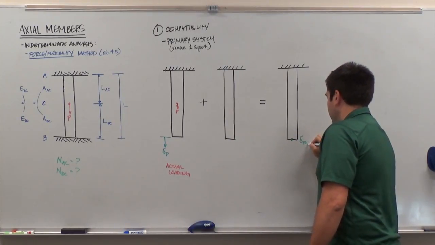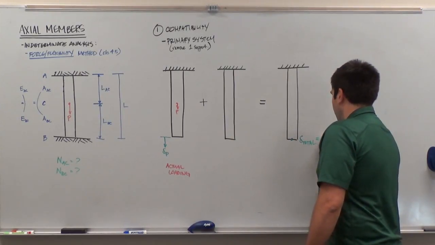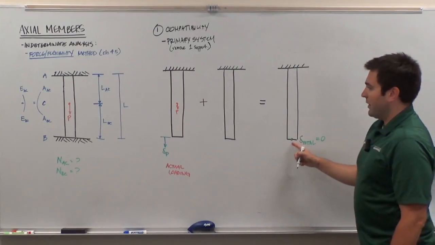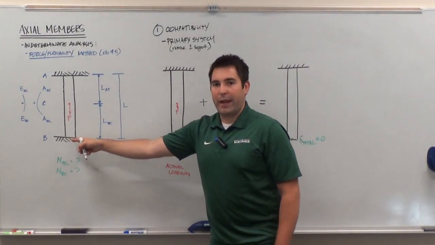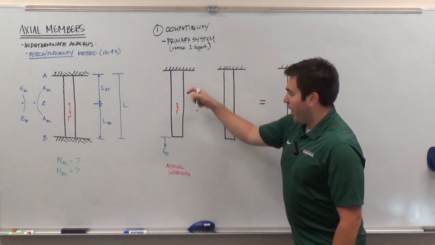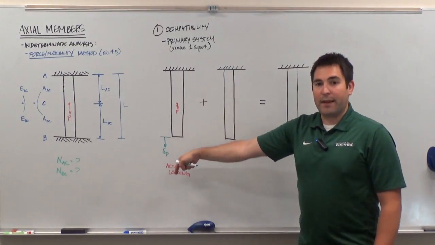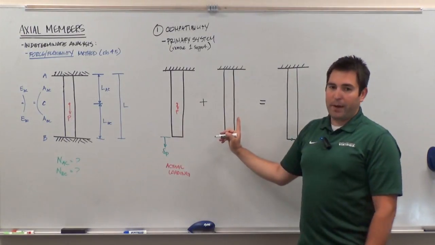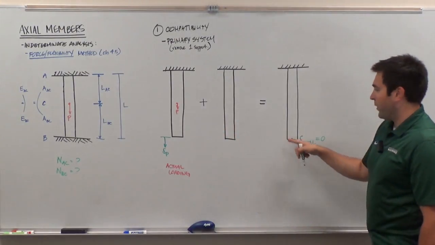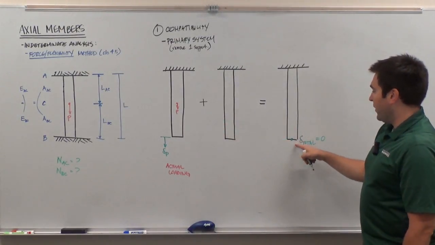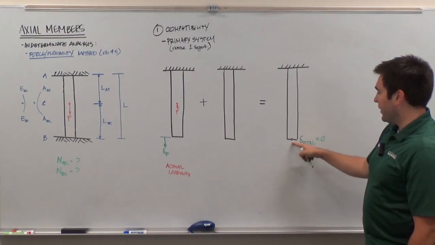The total deflection needs to equal 0 because in real life, that's how much deflection we have here. It wants to deflect, let's say it wants to deflect down an inch. We know something has to push it back up an inch because in reality, when I add those two together, the total displacement has to be 0.